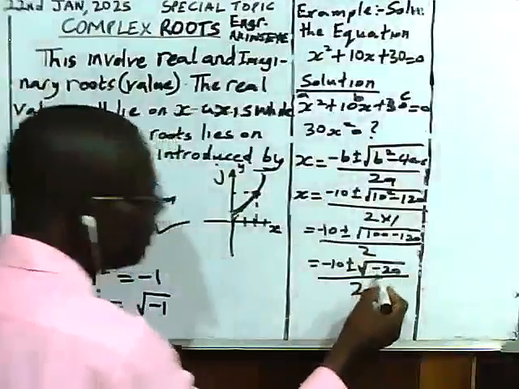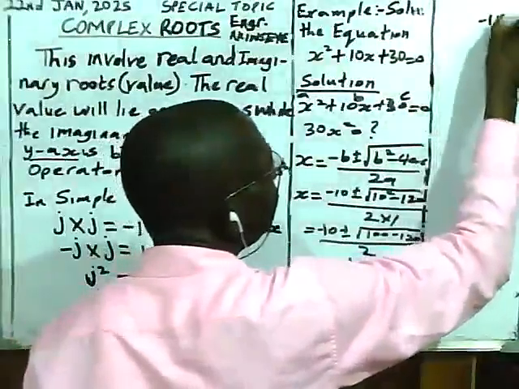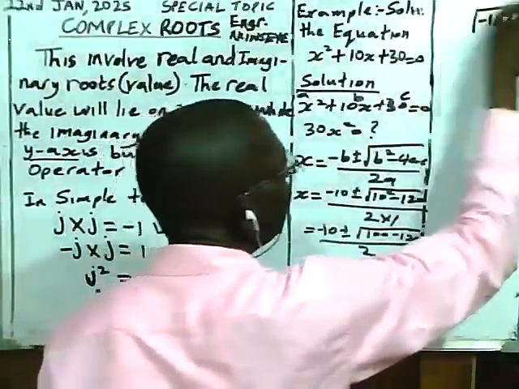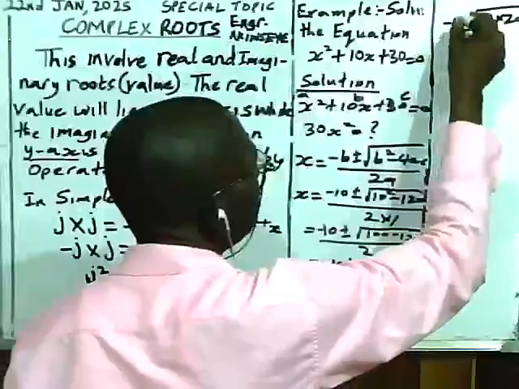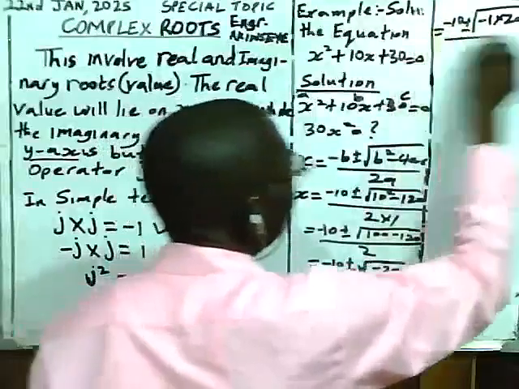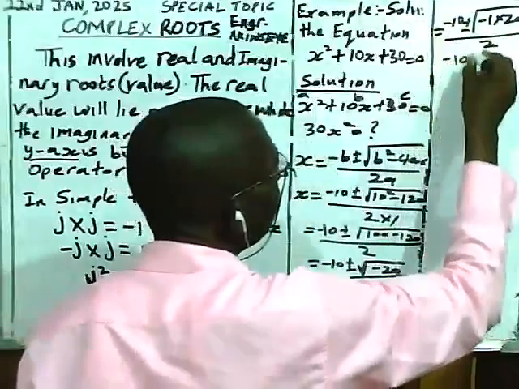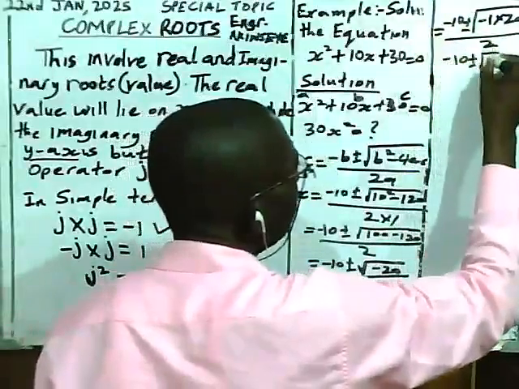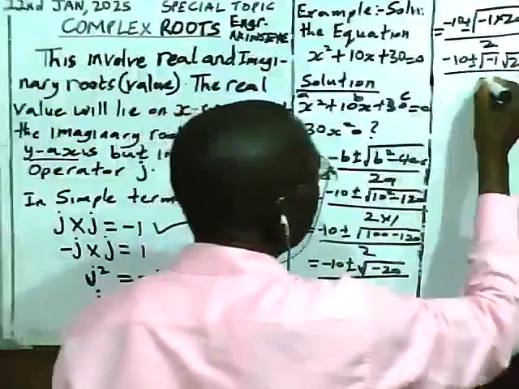So we can split this minus 20, which is the same thing as minus 1 times 20, all in square root. Then that will be minus 10 plus or minus root minus 1 root 20, all over 2.